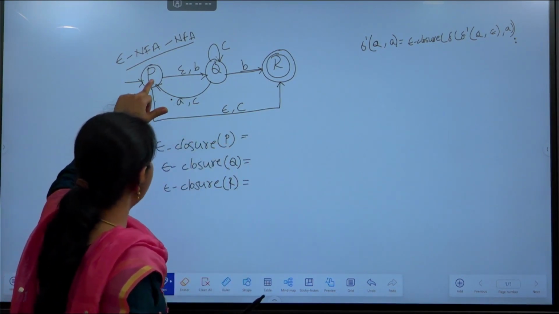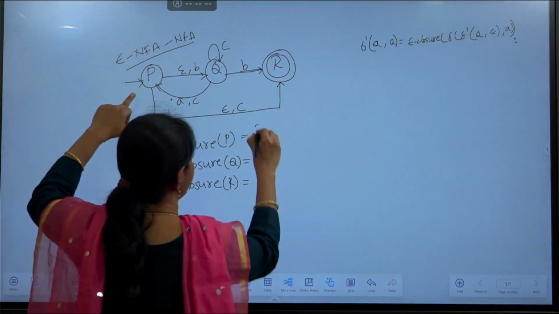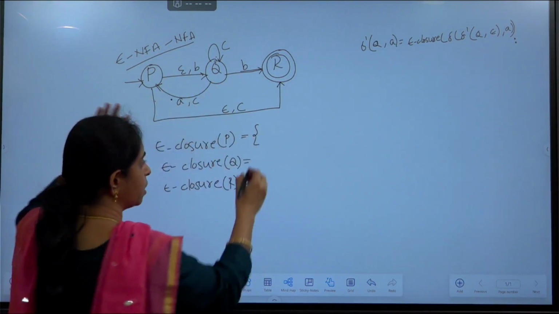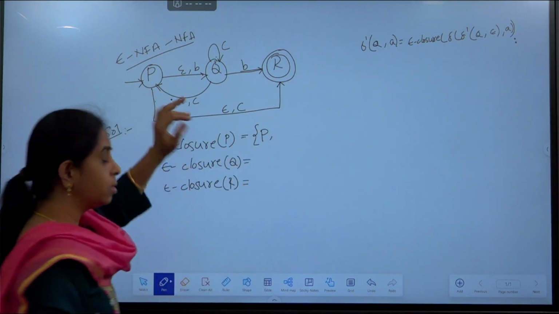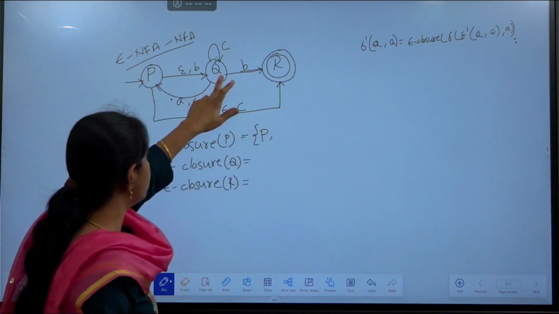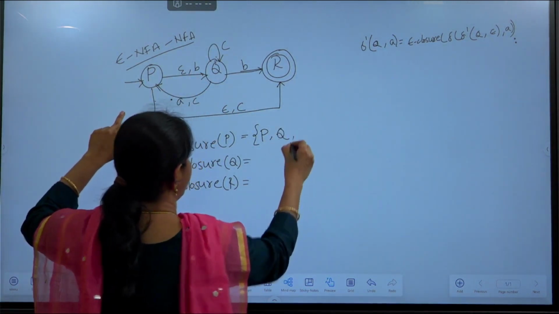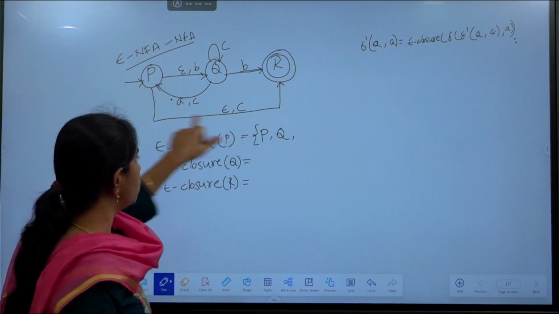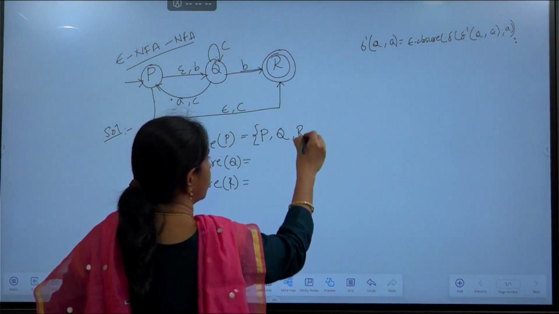From P to Q we have the epsilon transition. Whenever we are finding the epsilon closure, first we write the same state itself, so for P we write P as it is. P to Q again has epsilon, so we write Q. From P to R we have the epsilon transition, so write down R.